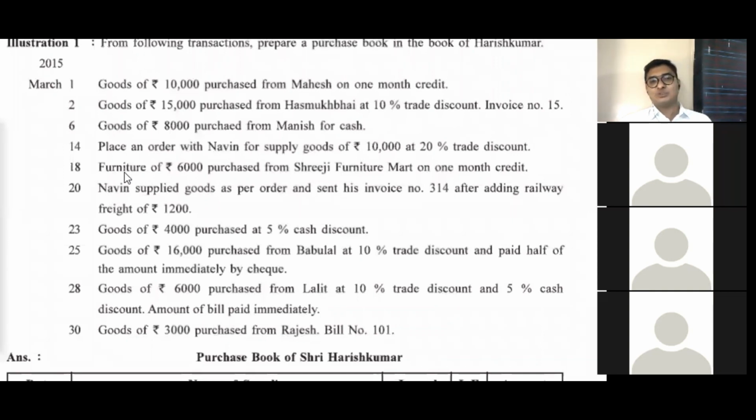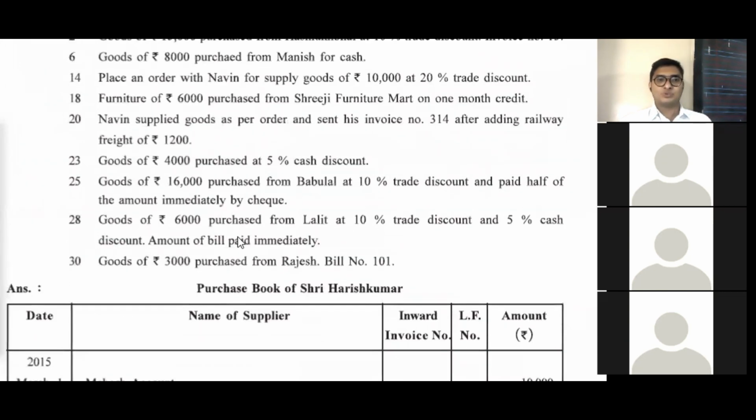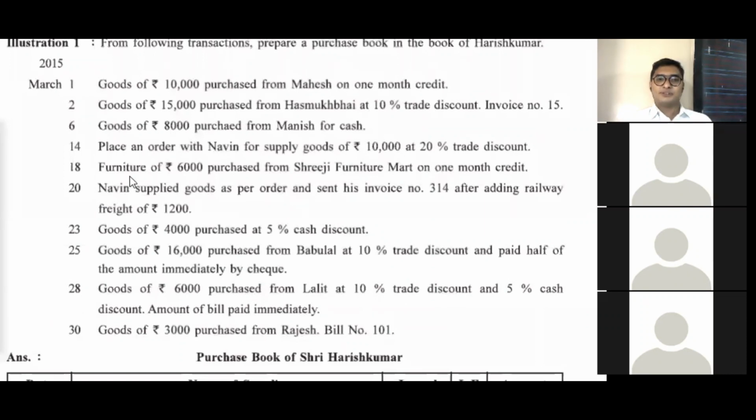Asset is not recorded in the books. I have already said, as per rule number 2, only goods are recorded in purchase book. So, purchase of asset is not recorded here, irrespective of whether it is cash or credit. Assets are not recorded over here.